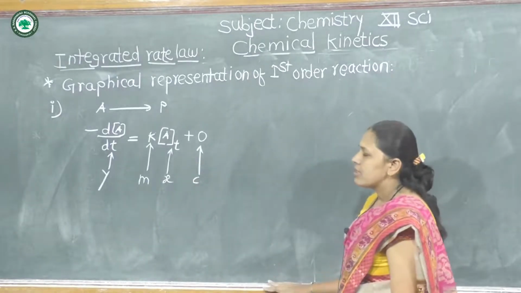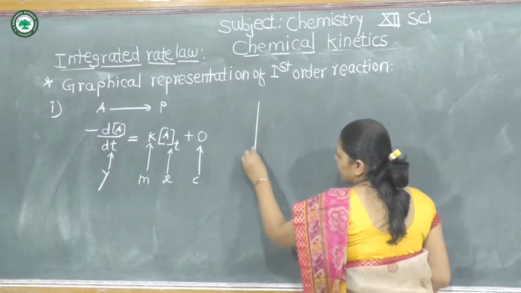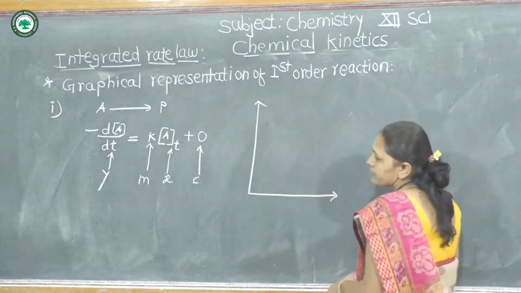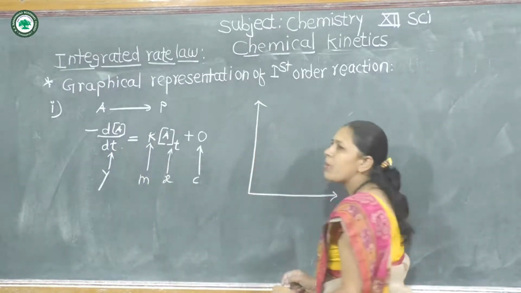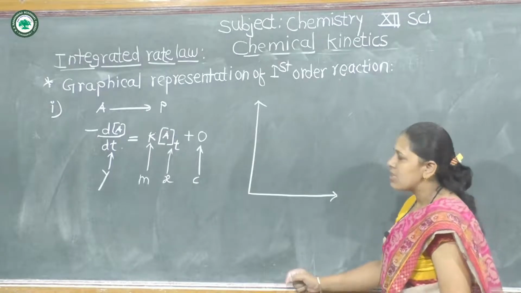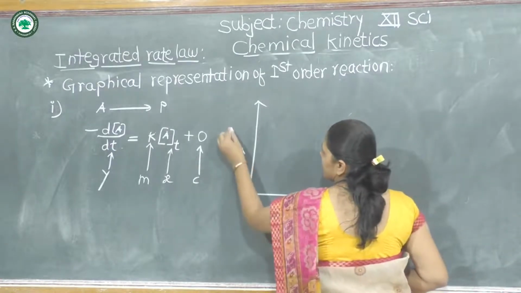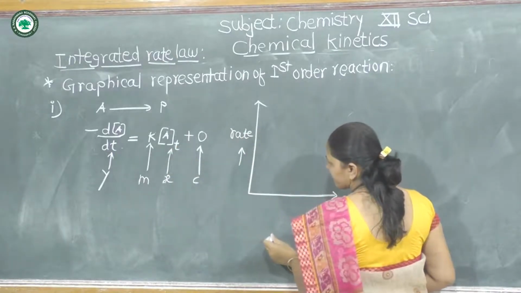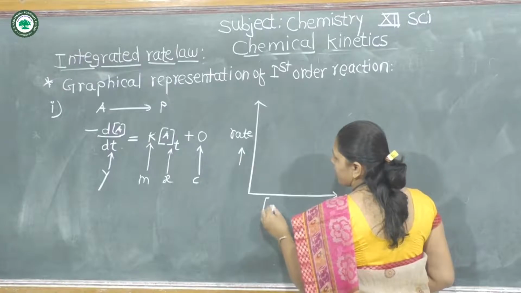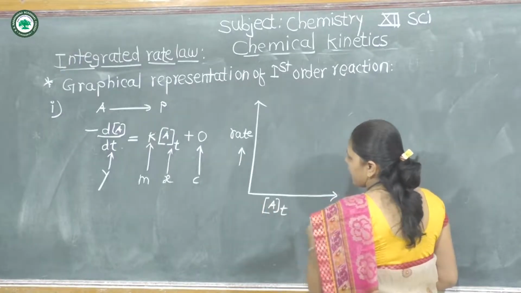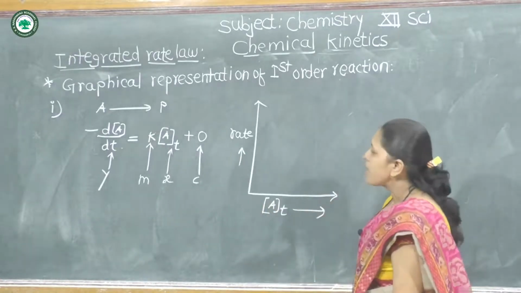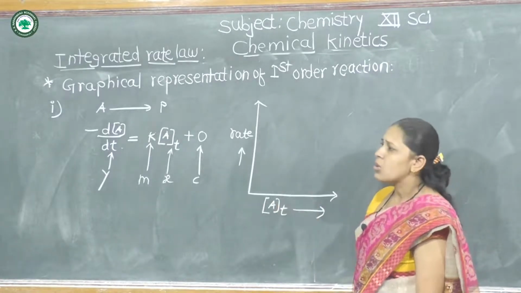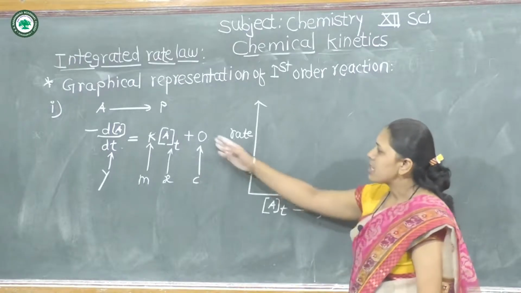By plotting a graph on the y-axis of minus d by dt of concentration of A, which is nothing but rate, versus on the x-axis the concentration of reactant At, the graph passes through the origin because the intercept is 0.